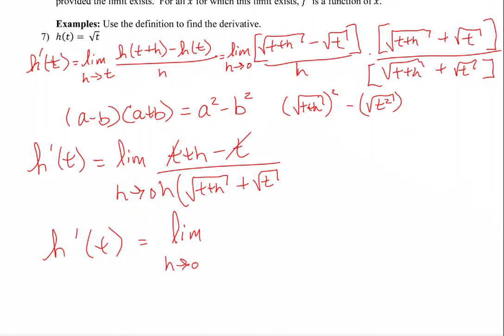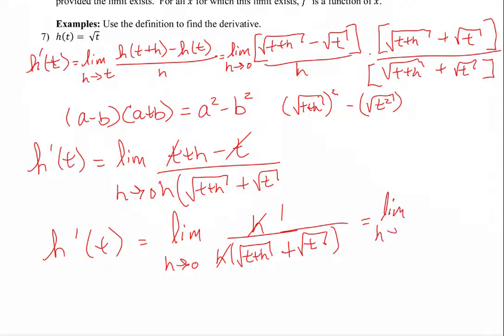script h prime of t equals the limit as h goes to 0 of h over h times the square root of t plus h plus the square root of t. These h's will cancel, and that'll leave a 1. So here I'm left with the limit as h goes to 0 of 1 over the square root of t plus h plus the square root of t.